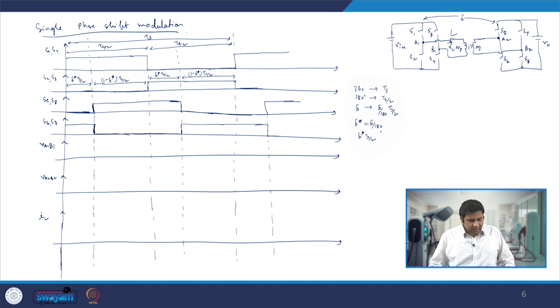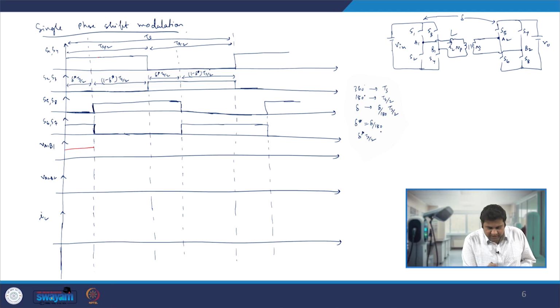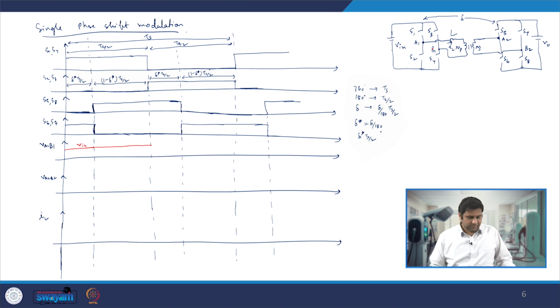Now let us try to draw VA1B1, how it looks. Between 0 to delta star Ts by 2, my S1 and S4 are on, so I am applying V in voltage from VA1B1.